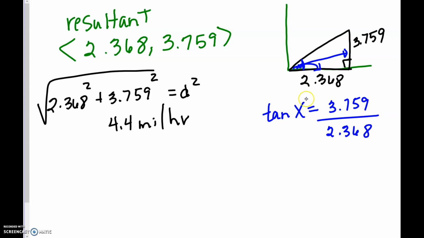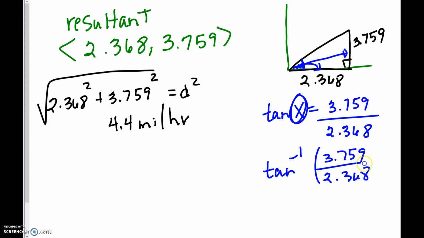Remember, whenever you're looking for an angle measure, you're going to have to use the inverse tangent. So you hit second tangent, and then your parentheses will pop up. 3.759 divided by 2.368.